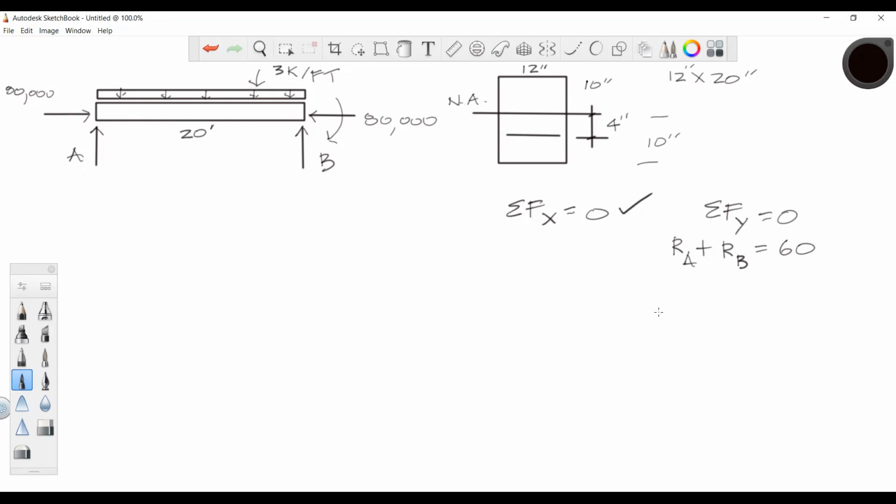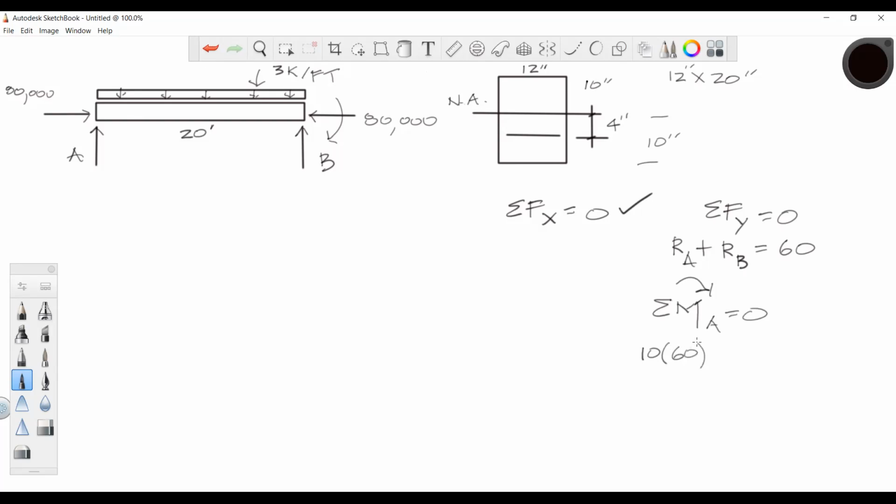Yeah. Okay, so if we wanted to prove that, we could do a moment real quick, just to verify that. I'm going to take a moment at A. My 60 kips is acting in the middle of that beam, so that would be 10 times 60. Whoops, hold on a minute.